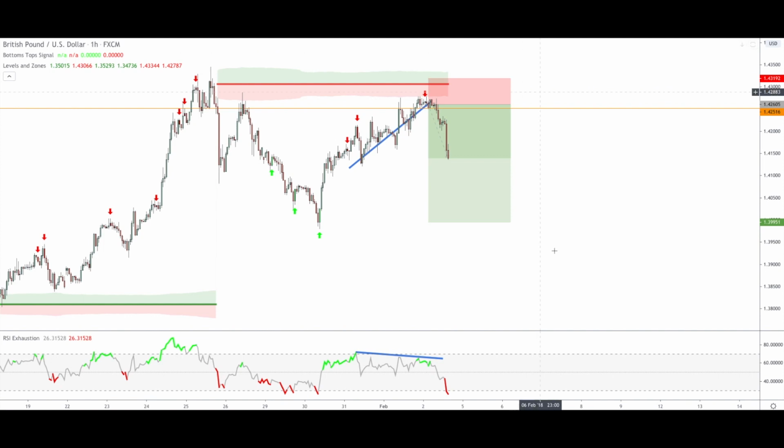So what I can tell you is that I see that the RSI is dropping quite significantly, and it is also bearish exhausted.